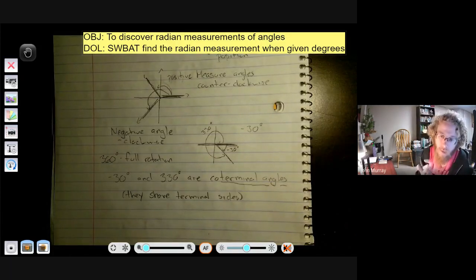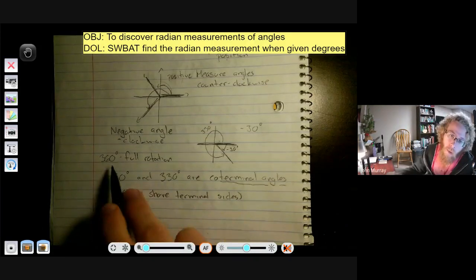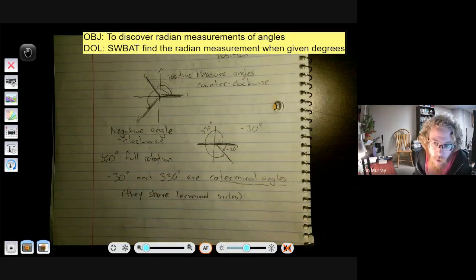Okay, so coterminal, right? Co means usually shared. So we might have some angles that end up in the same place because we're dealing with 360 degrees of rotation.